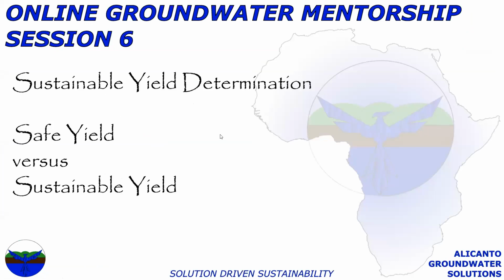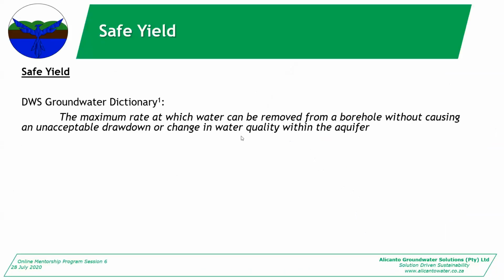Okay, so can anybody tell me the difference between a safe yield and the sustainable yield? Nobody. Okay. So your safe yield, according to the Groundwater Dictionary on the Water Affairs website, is the maximum rate at which water can be removed from a borehole without causing an unacceptable drawdown or change in water quality within the aquifer.